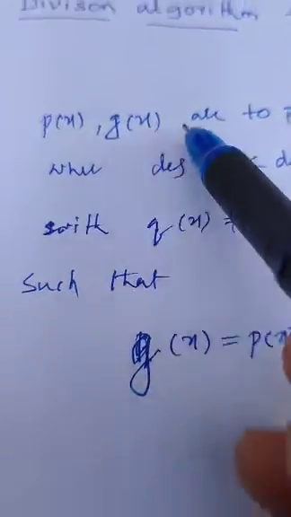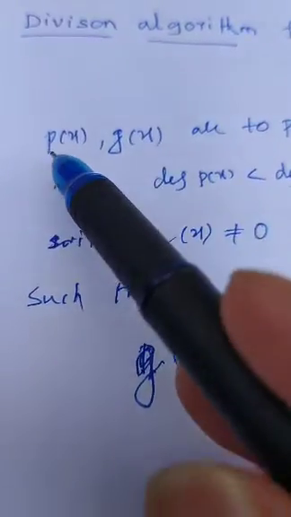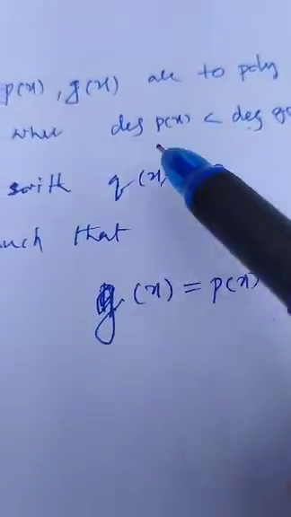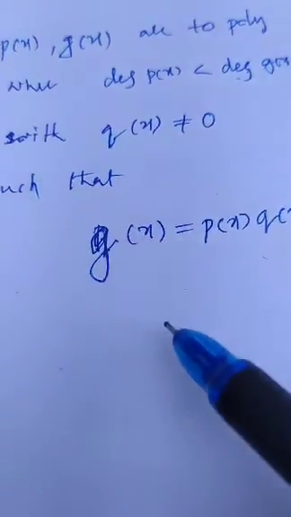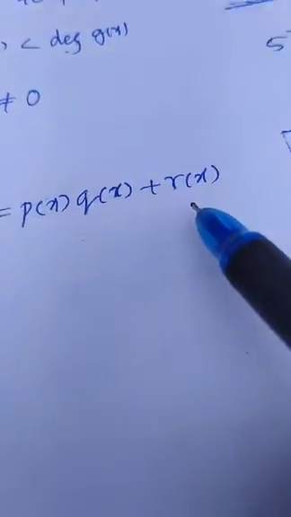So if you have two polynomials, then divide g of x by p of x, and you will get some quotient polynomial such that g of x equals p of x times q of x plus r of x, where r of x is the remainder polynomial.